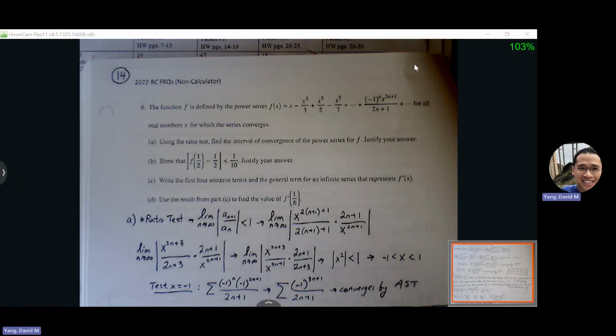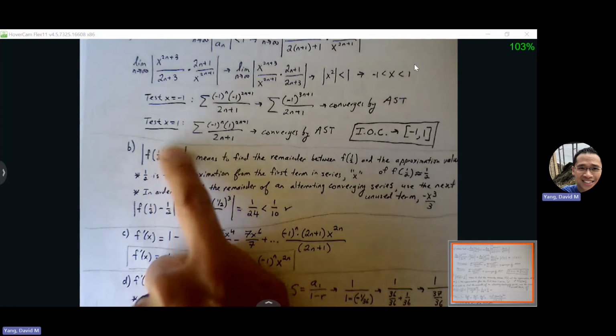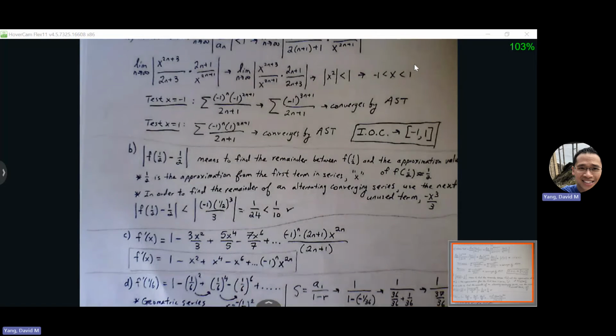I know that the next term has to be less than one for the remainder to be less than one. But why is the error less than the next term?